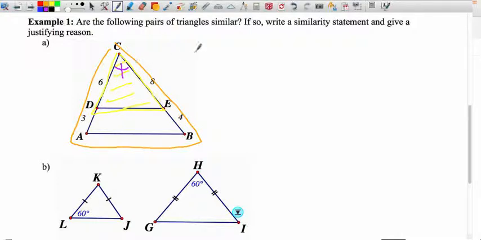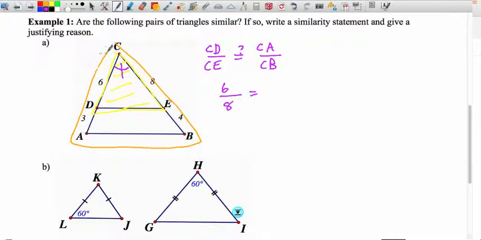So I'll make a statement of CD over CE, and I wish to determine whether that ratio is equal to CA over CB. If so, we will have a side-angle-side similarity. CD is 6 over CE is 8.